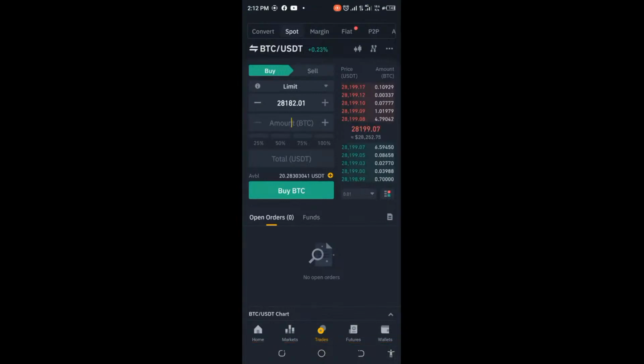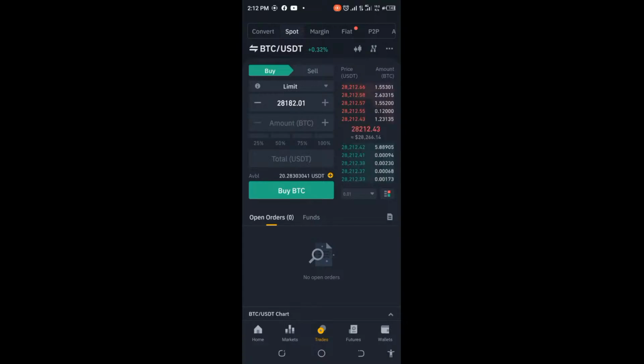Initially, BTC USDT didn't attract any fees, but now the fees are back. So whenever you're doing a triangular arbitrage, always remember that you're going to be paying fees 3 times. You're going to pay fee in the first leg, you're going to pay fee in the second leg, and you're also going to pay fee in the third leg. Remember, it's 0.1%, so in the long run, you're going to be paying 0.3%.